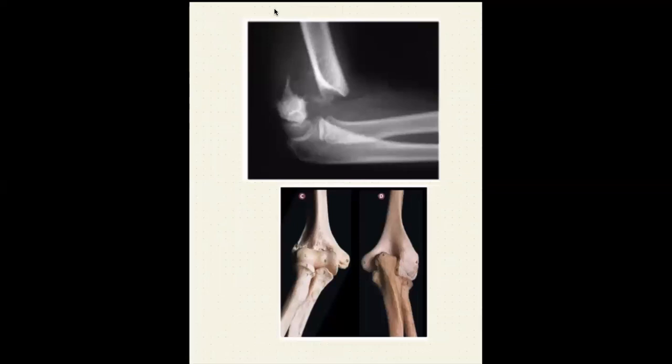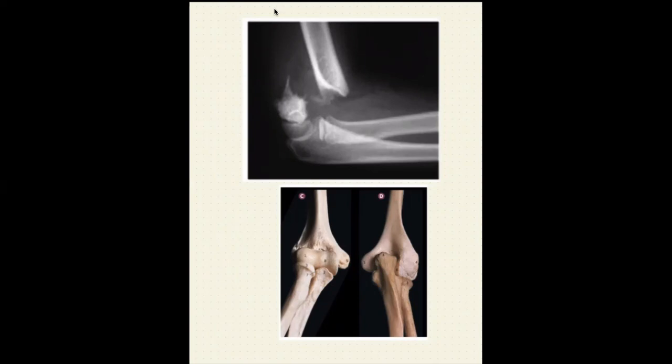Sure. So in the superficial group there are 5 muscles: pronator teres, palmaris longus, flexor carpi ulnaris, flexor carpi radialis, and flexor digitorum superficialis. Yes, 5.